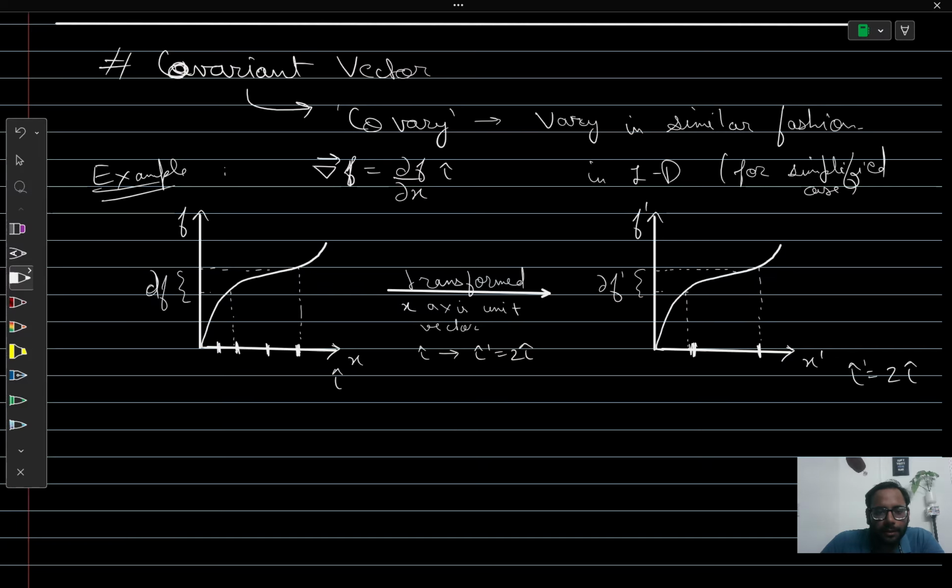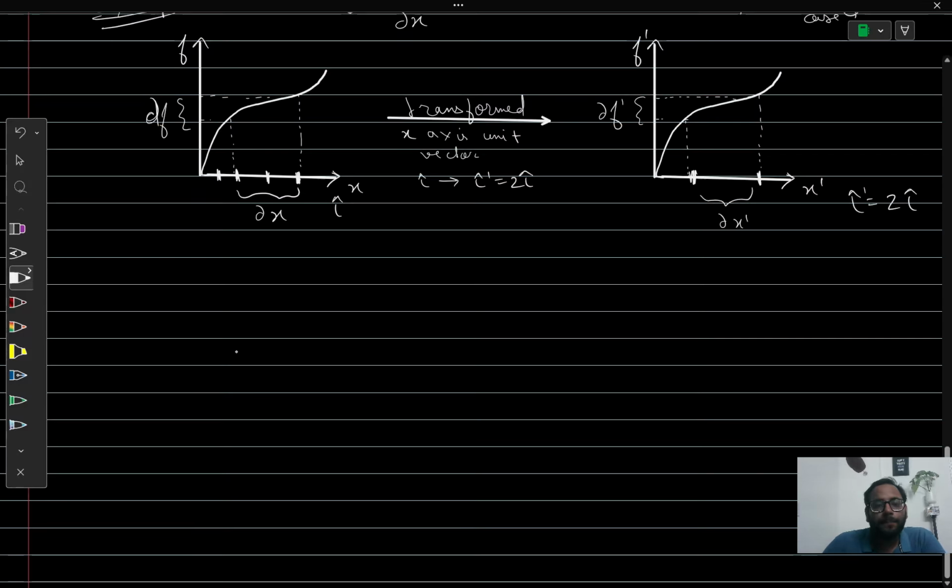Now you see, this was my del x, and this is my del x prime. Let's see what will happen when I just doubled it. Previously this was of 2 units.